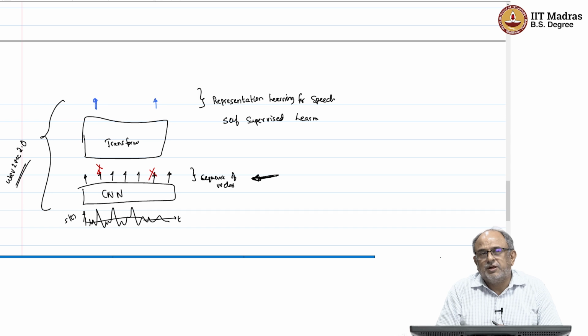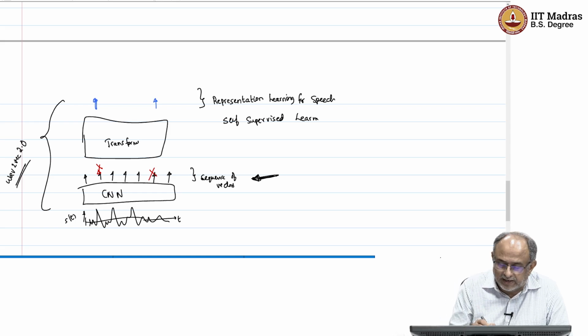When I say predict, in this case I am not predicting a vector; prediction means there is some kind of classification involved. Here, I am going to extract vectors that are very similar to the input vector itself. So, instead of prediction, here we use some kind of similarity metric between vectors.